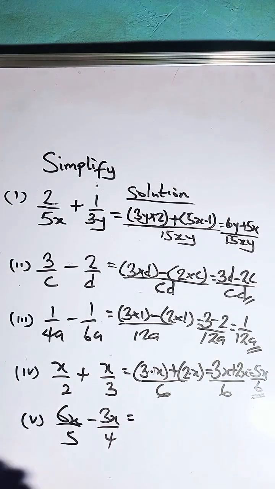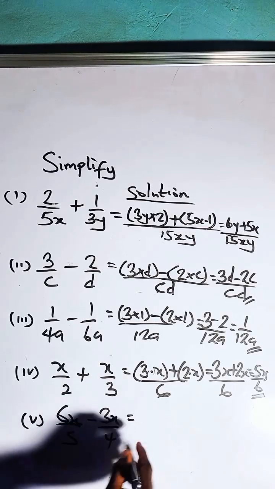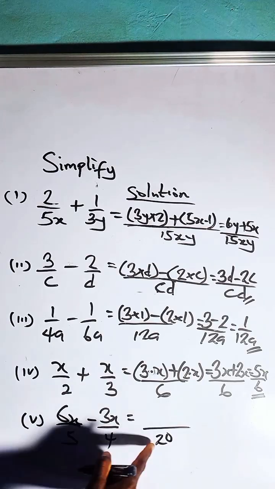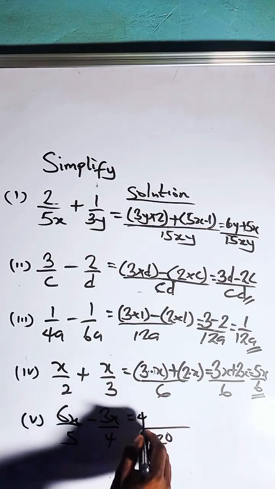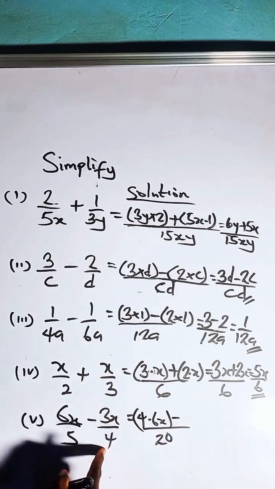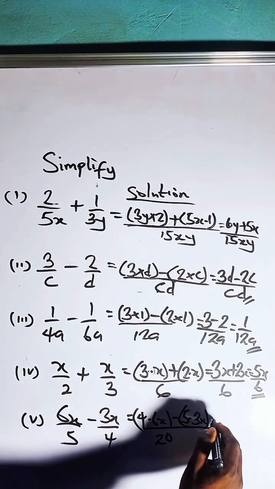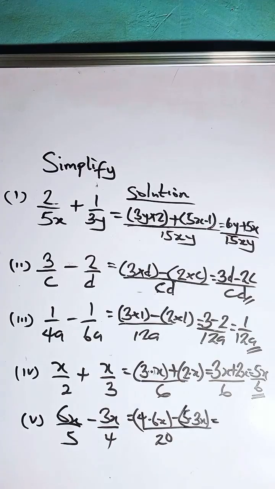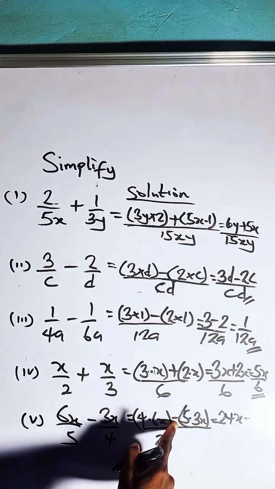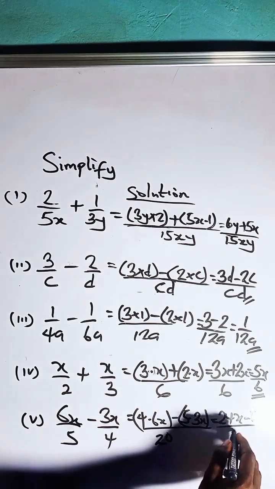For the last one, we have 5 and 4, so we take the least common denominator, that is 20. For 5 in 20, we multiply by 4 times 6x, minus, so we divide 20 by 4, we have 5, so 5 times 3x, equals 4 times 6x is 24x, minus 5 times 3x, which is 15x over 20.